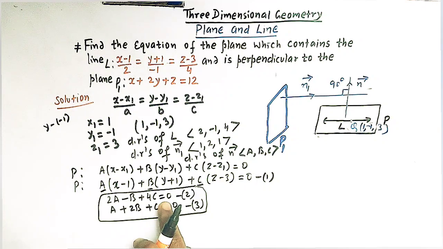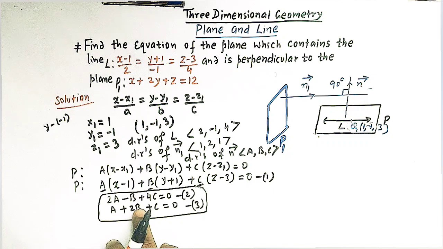So now we have these two equations, and we have to solve them. These two equations can be solved by the method of cross multiplication, but here we'll prefer the method of elimination. In the method of elimination, we select any of the variables. Let us select B, and let us equate the coefficients of B in these two equations.